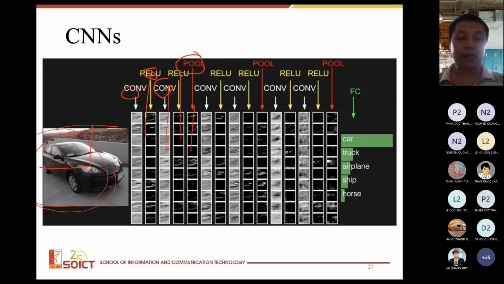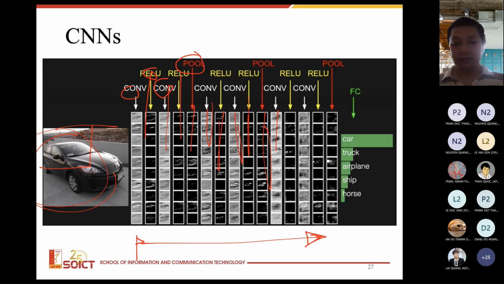After this first pooling, I make another convolution and ReLU, and then convolution and ReLU. Here I decided to have a new pooling to reduce the size of the activation map. And again, the depth can vary depending on the data and the objective.